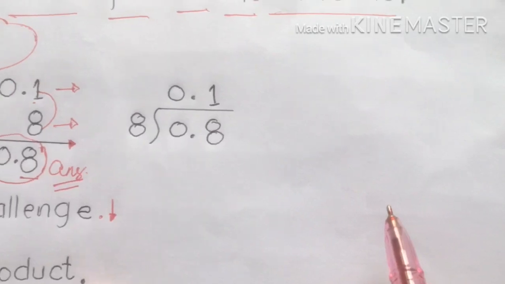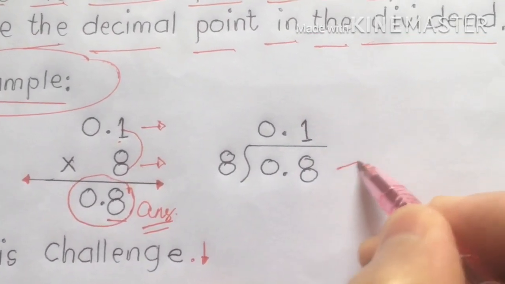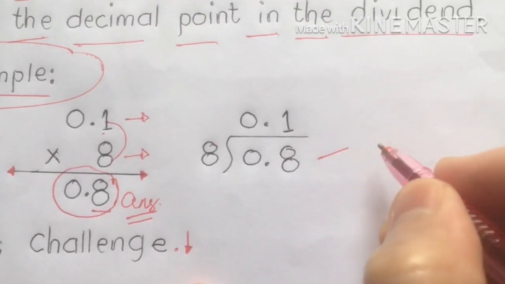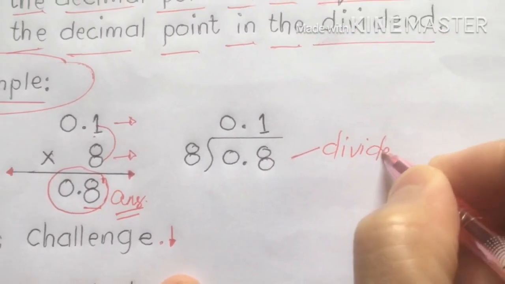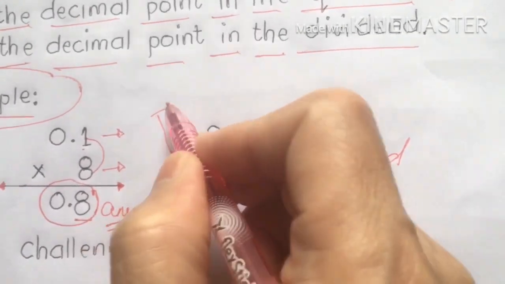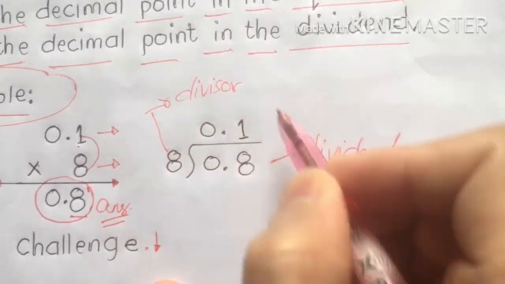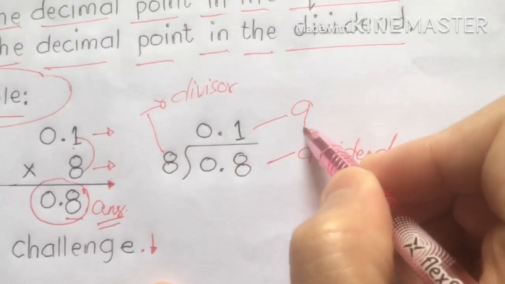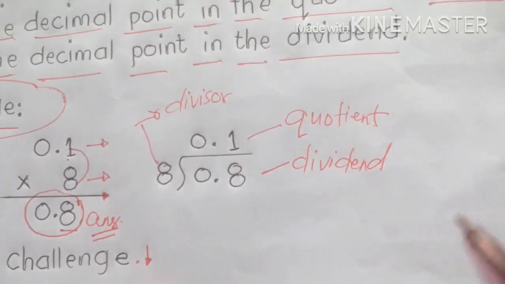Another is division, or dividing decimals. So we have first here what we call the dividend. This one is the divisor. And this one is the quotient, or what we call the answer.